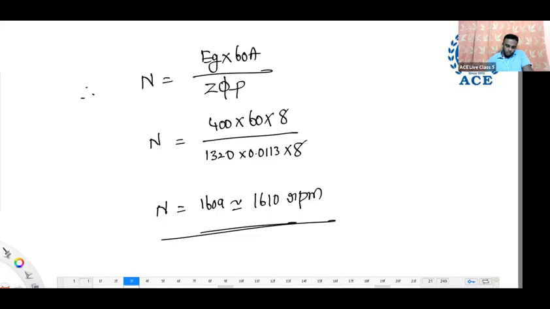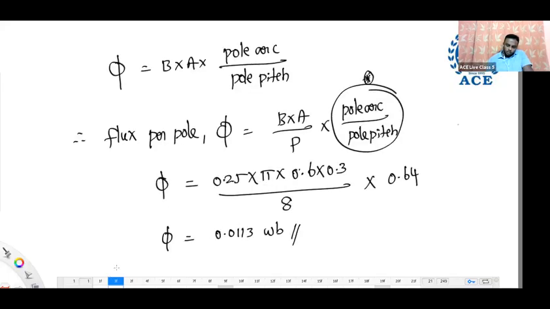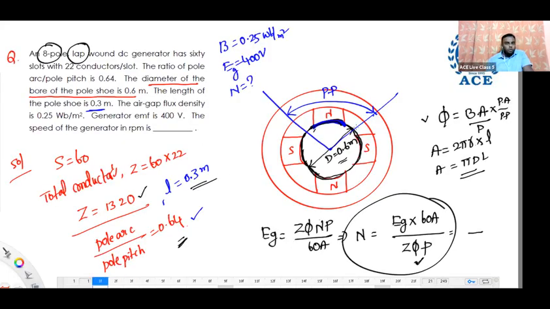There is another model of question here, where they don't give the bore of the pole shoe. They will give the armature only. They don't give the diameter of the bore of the pole shoe. Irrespective of that, they will give the diameter of the armature only. So you have to consider that itself.